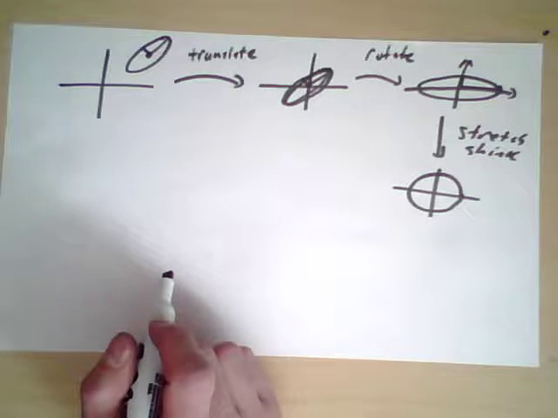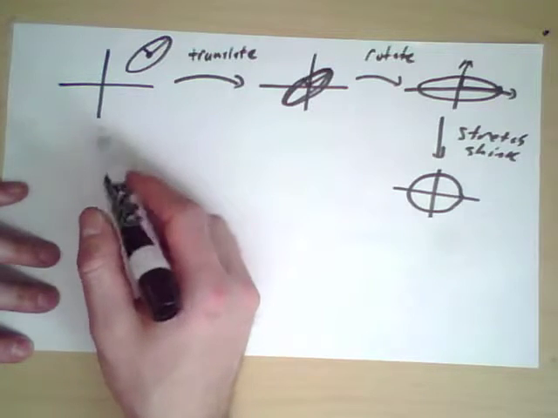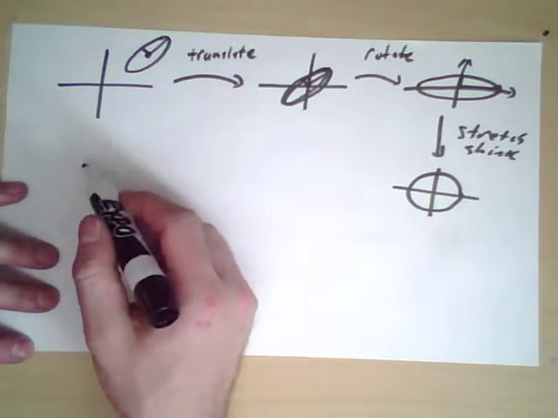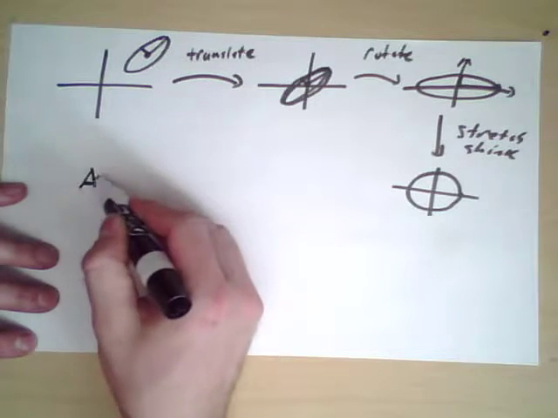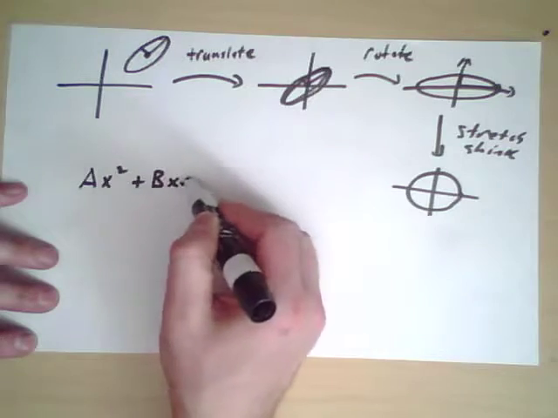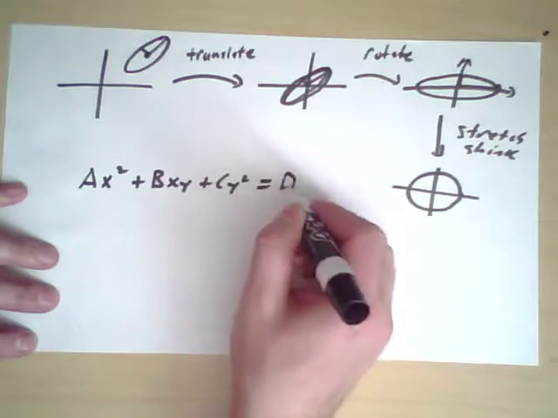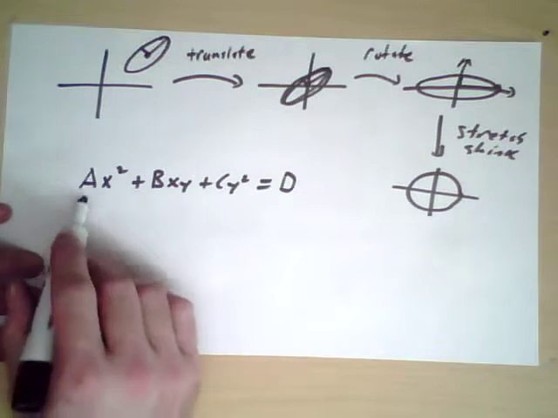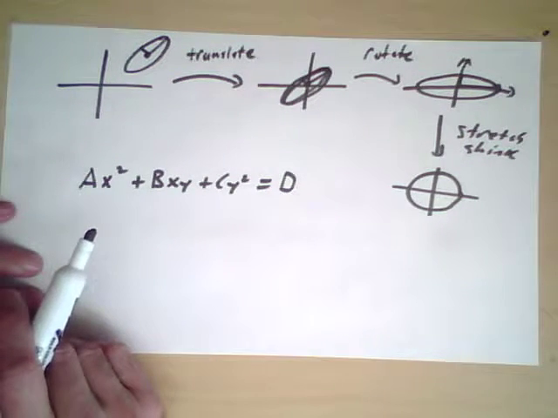So let's think about what an ellipse actually is. As an equation, say in two variables, an ellipse is given by something of the form ax squared plus bxy plus cy squared equals d. Now there are conditions on what a, b, c, and d can be, and we'll come to that.